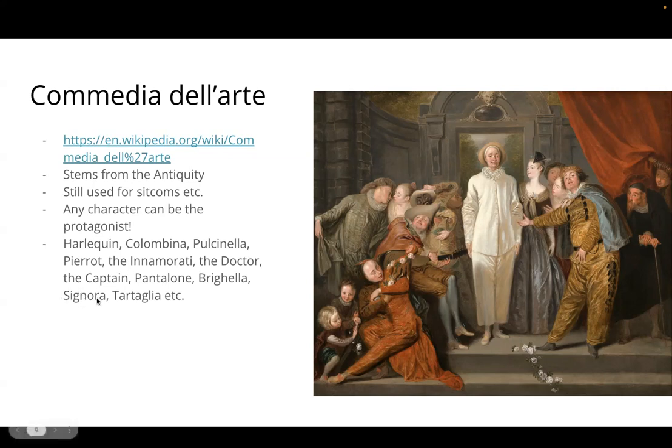Then Signora is the middle-aged, crafty woman who is often the wife of the doctor or the wife of Pantalone, who is, by the way, a rich businessman, rich and old or rich and middle-aged. Could be also the father of one of the innamorati, and so on.